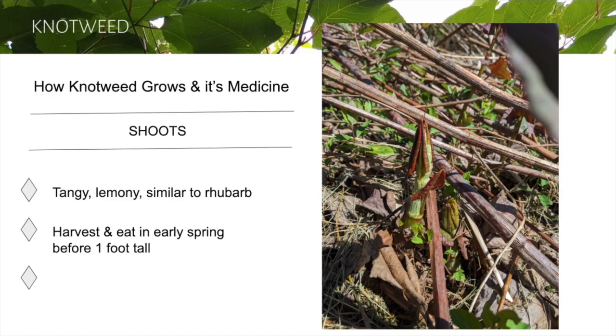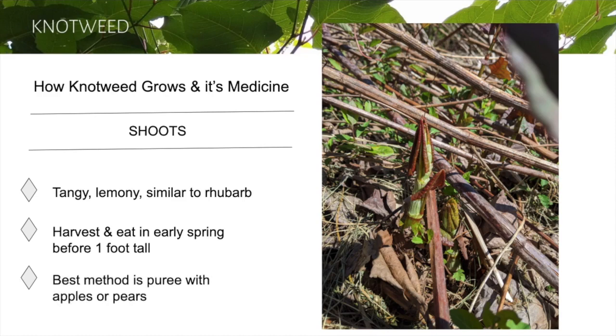It's just that they're harder and thicker and more fibrous, so they're not as tasty and not as easy to digest. If you do harvest them when they're more than a foot tall, you may have to peel the outside, and it doesn't leave you with very much of the vegetable to eat. But if you harvest them under a foot, they are easy to prepare.